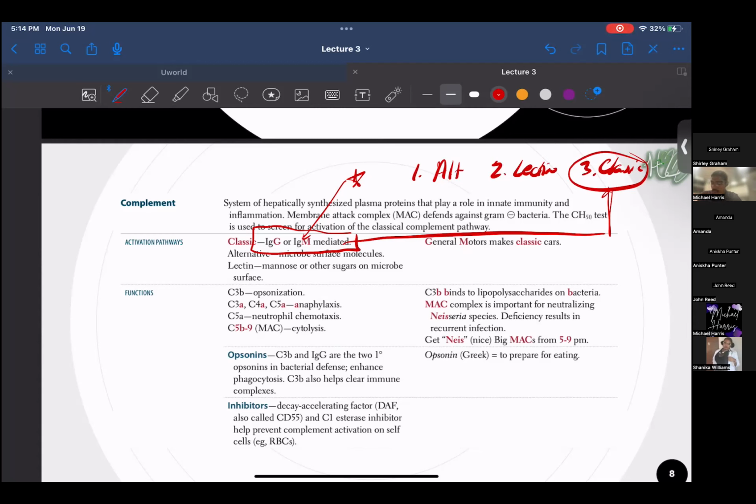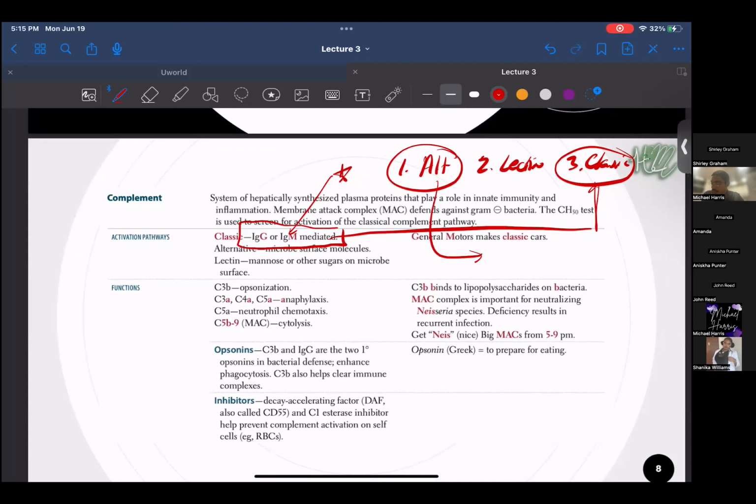A lectin on it. What does the alternative pathway deal with? Yes, so it's mainly a spontaneous one. Something on the surface of microbes causes these complements to spontaneously break and form this protein known as a MAC complex, MAC. Okay, a membrane attack complex, which we'll talk about.